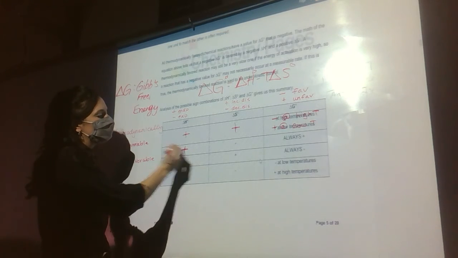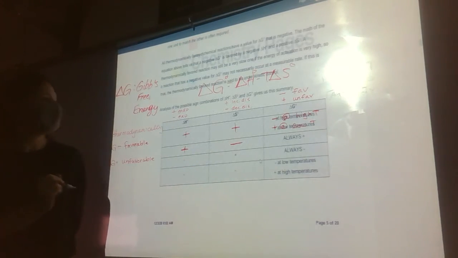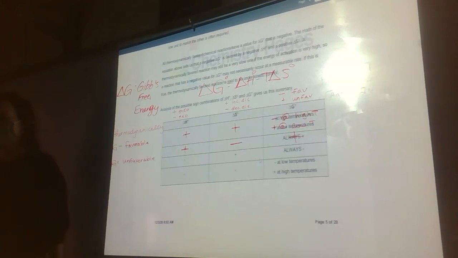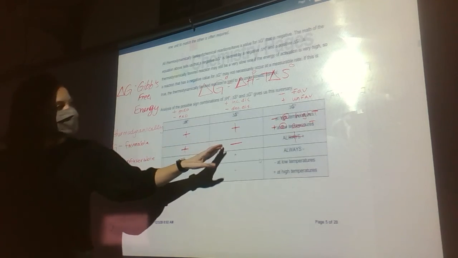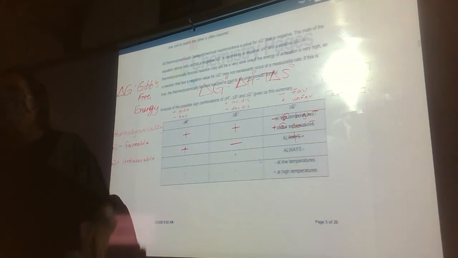An endothermic reaction that decreases entropy will never go anywhere. It's always positive. Those reactions just don't happen. You can't require energy and decrease entropy at any temperature. The universe does not allow it.